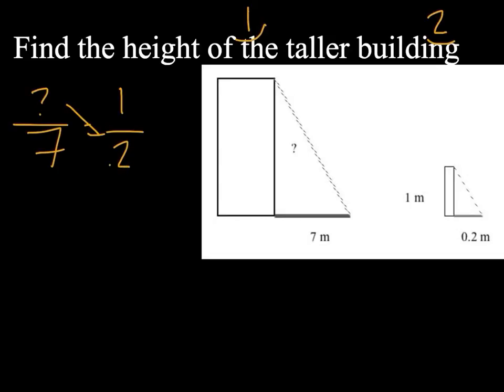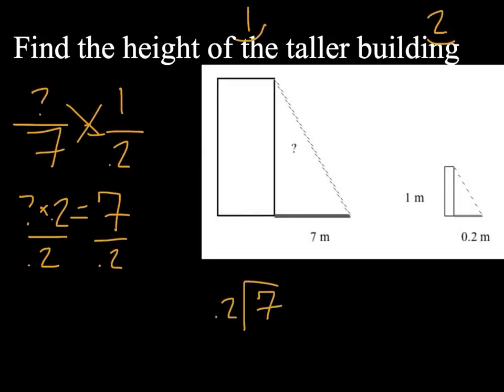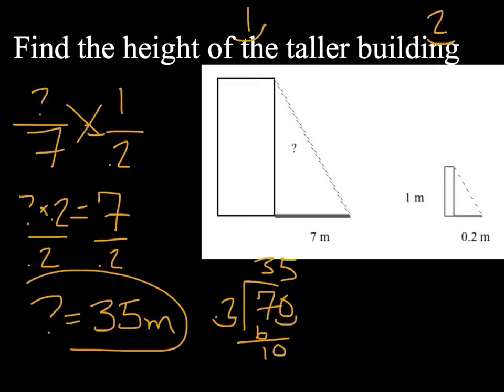So now we can cross multiply. I use a question mark as my variable, so question mark times 0.2 equals 7 times 1, which is 7. We can divide by 0.2 on both sides. So 7 divided by 0.2, bring that decimal over, and you get 35. So the height of the building is equal to 35 meters.